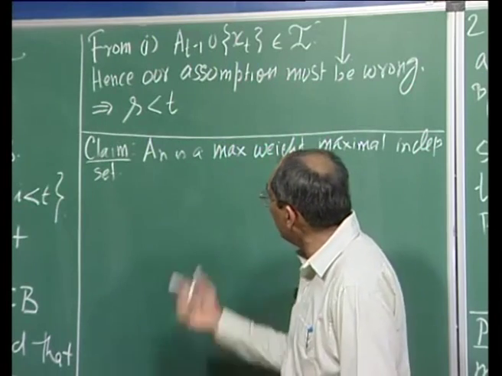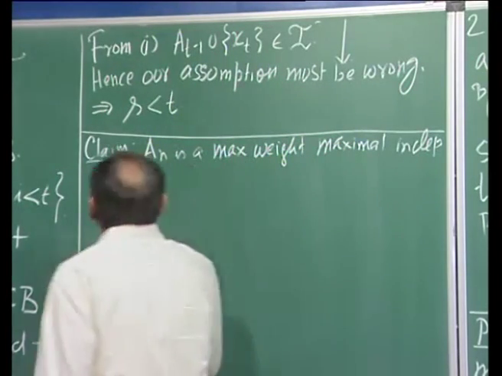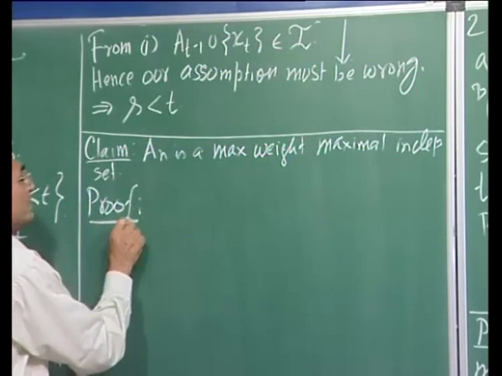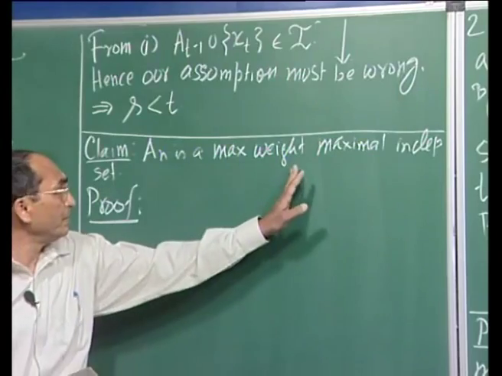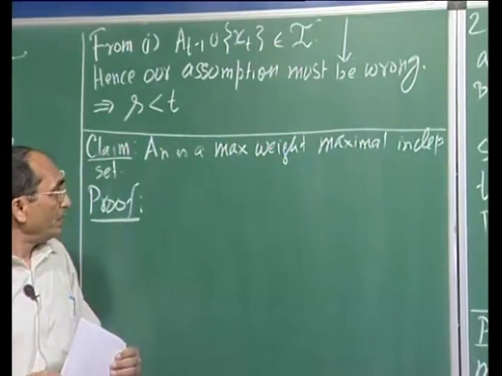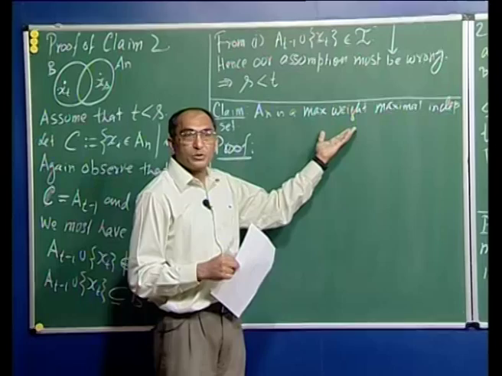Now, to prove this, let us look at those sets which are maximum weight among the maximal independent sets. If A n is already in this, then there is nothing to prove.